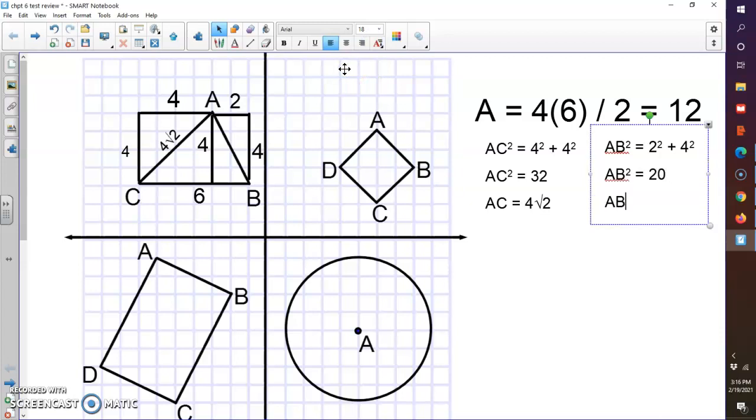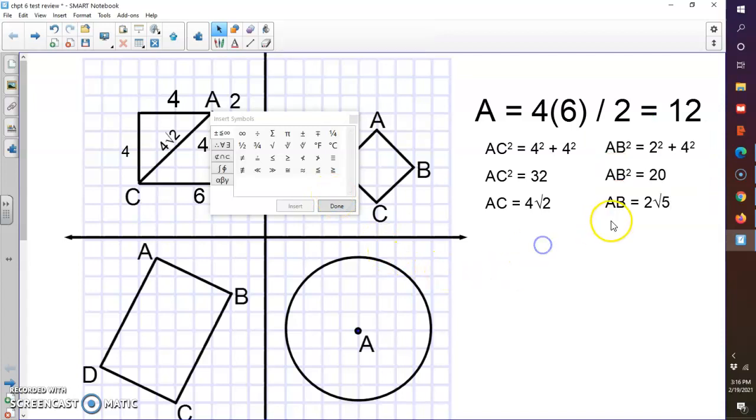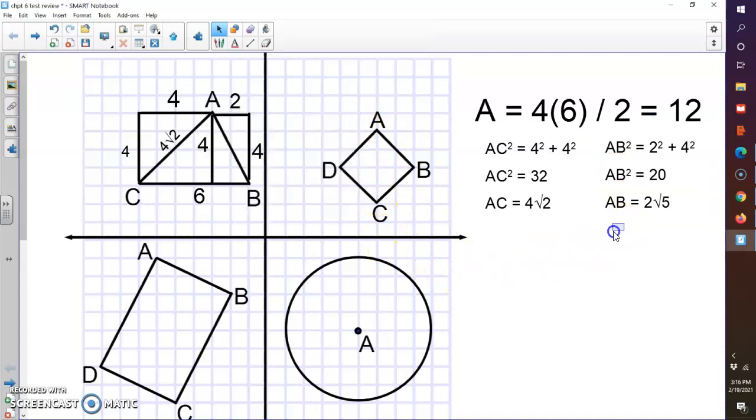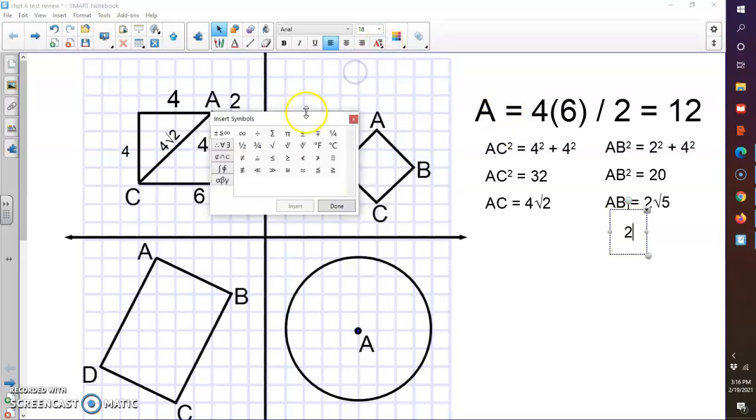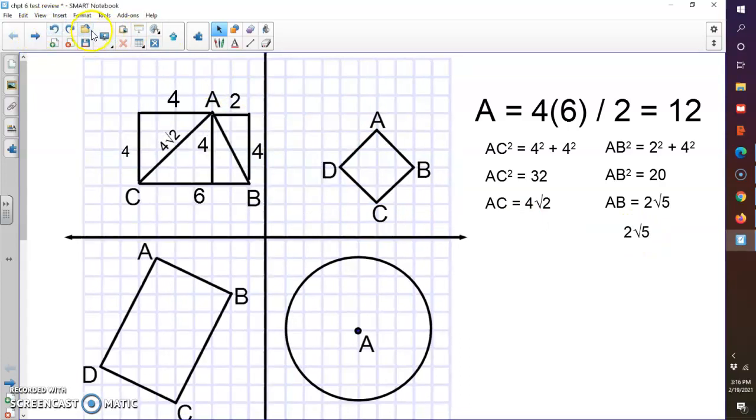And therefore, AB equals 2 root 5. When we simplify that, root 20. So we get 2 root 5. Okay. And now when I put that over here, we have 2 root 5. All right, we can put that as the length of my line. So we're going to put it here, see if we can twist it a bit, and there we go.